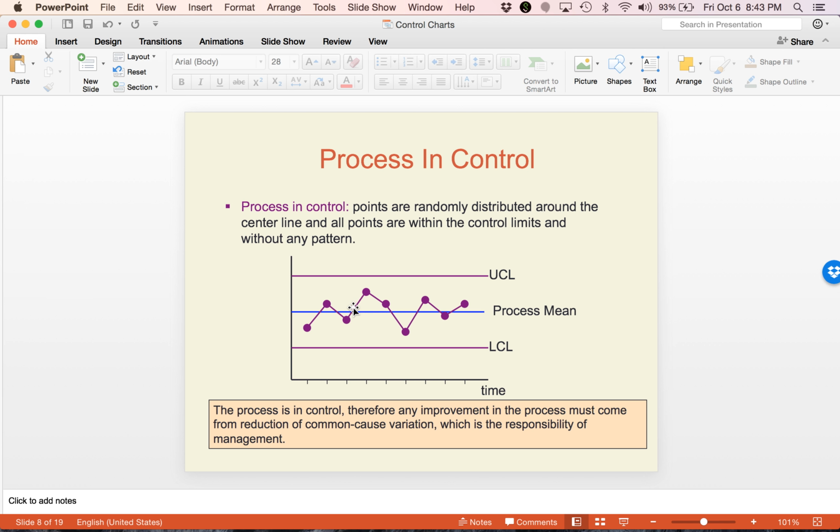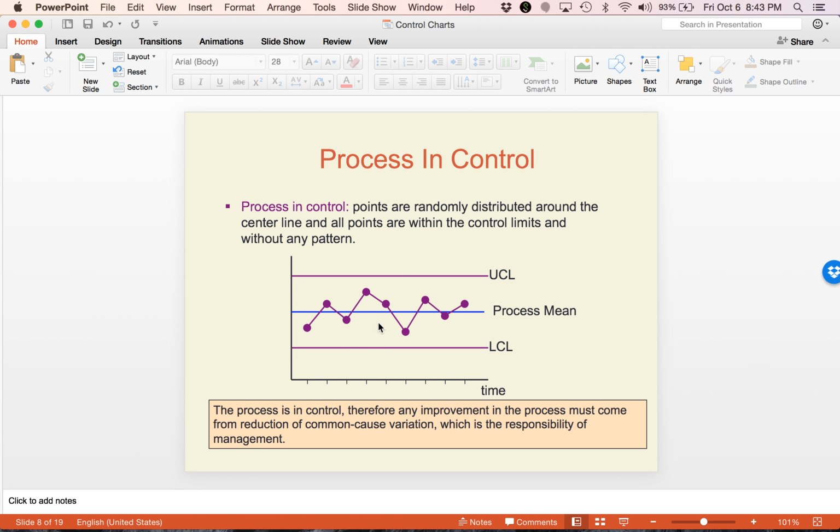Such points shouldn't happen more than 1% of the time, and that would be rare enough for us to consider the process not in control because it's outside these control limits, meaning that the values are unexpected.